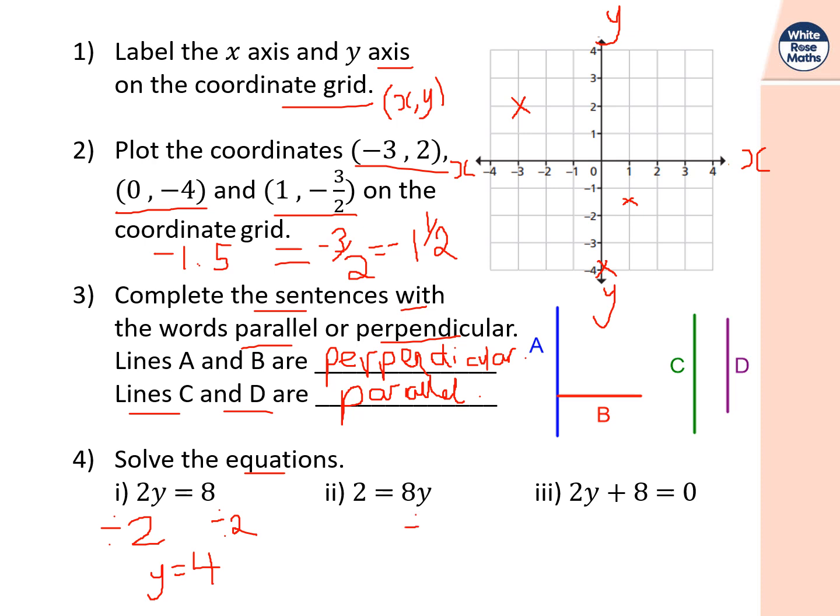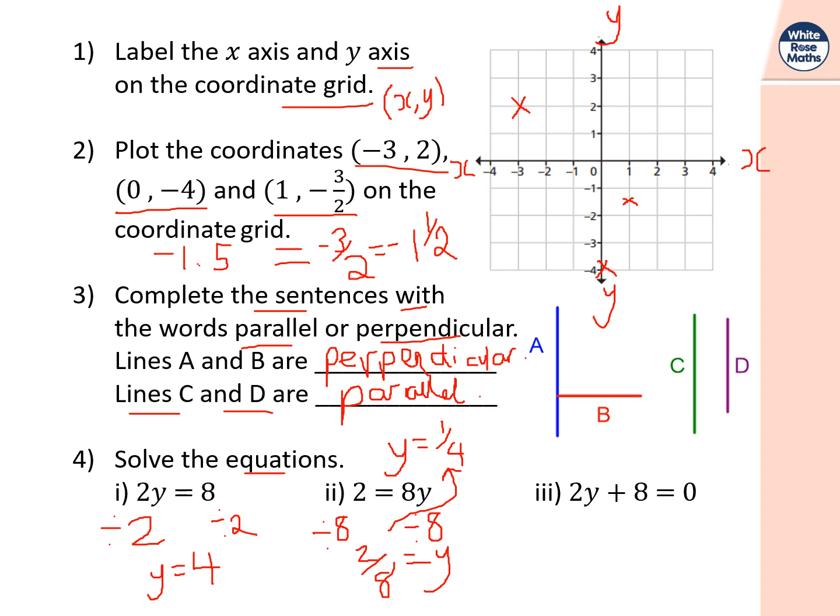Dividing both sides by 8 to get y by itself, we get 2/8 is equal to y. 2/8 simplifies to 1/4. So y is equal to 1/4. Divide top and bottom by 2 and it simplifies to 1/4.